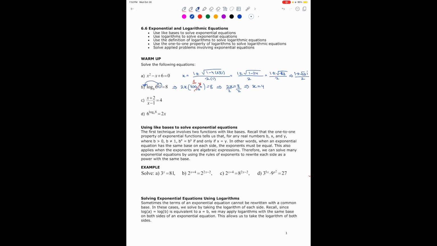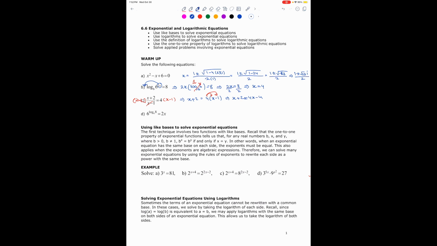C is a rational equation. So we're going to multiply both sides by the denominator to eliminate it. These will cancel together, and we will have x plus 2 equals 4 times x minus 1. We will distribute the 4 inside. We will get x plus 2 equals 4x minus 4.